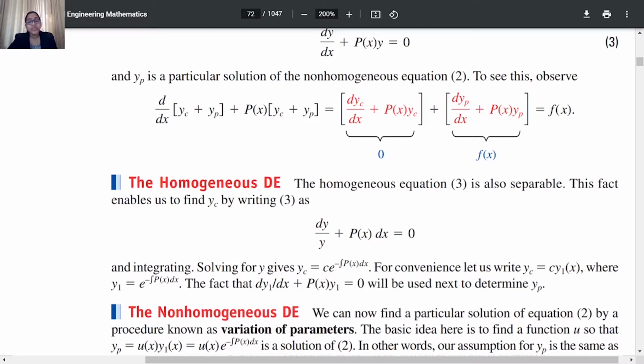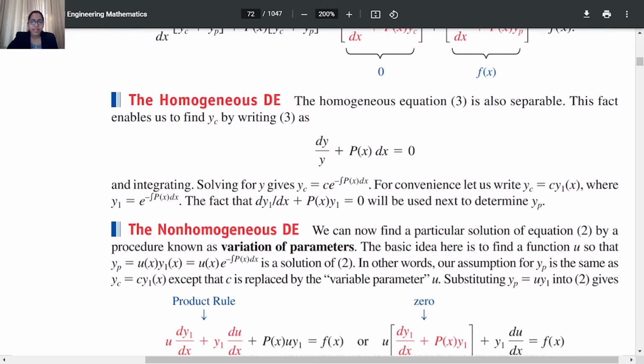Now we will be using this solution of the homogeneous one to find the particular solution yp. We will be using yc to determine yp.